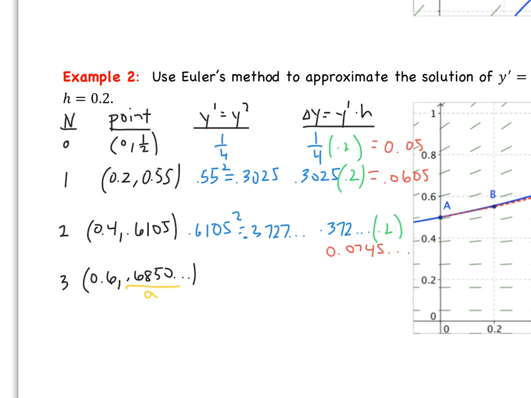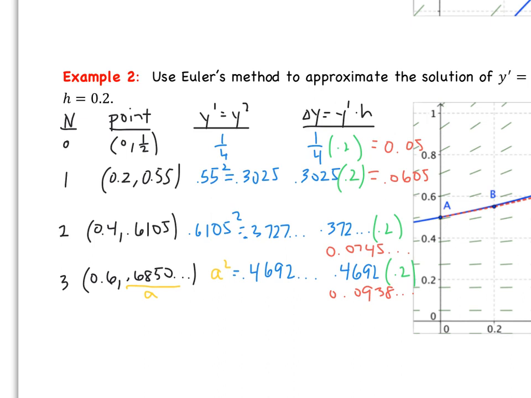So now we take that a value and square it, and when we do that, we get about 0.4692, etc. So 0.4692 times 0.2 is going to get us 0.0938, on and on.